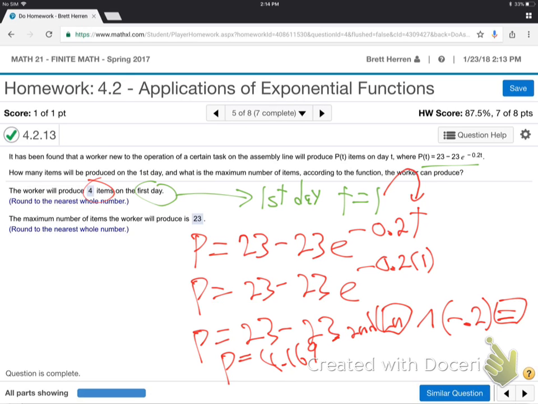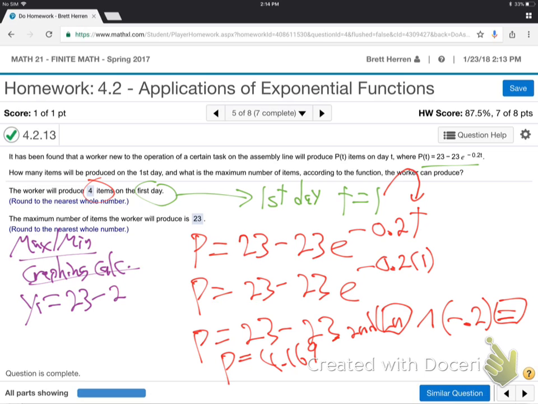Okay, and then the second part, the maximum. How are we going to find maximum? Graphing calculator. This is where we have to use our graphing calculator again. So whenever they ask max or min, you have to use your graphing calculator. I'm running out of room here, let me go to a fresh screen.